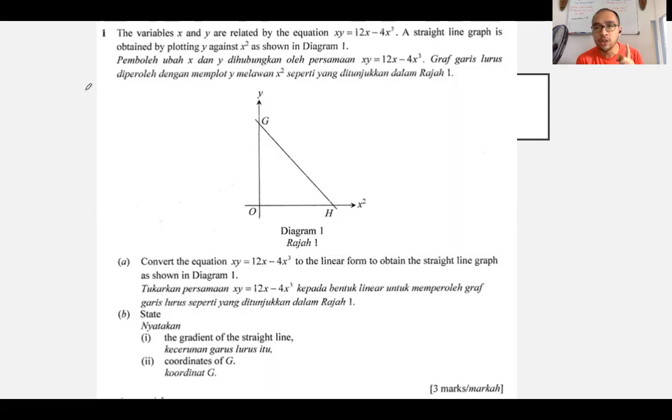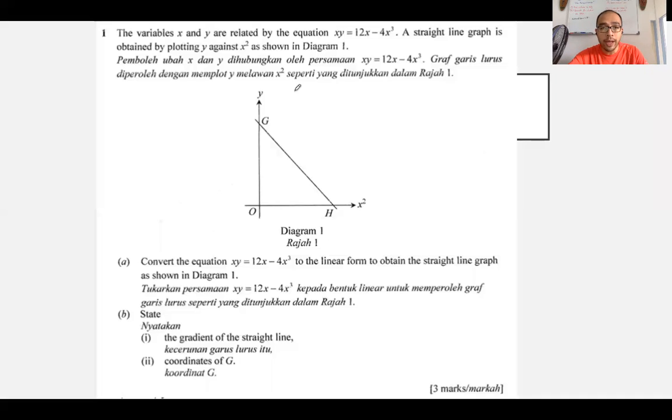Now, in linear law, you know that the equation is not what it seems. The equation sometimes changes. If they show you a straight line, it means it is already linear.